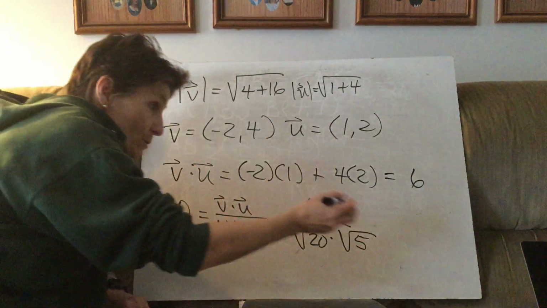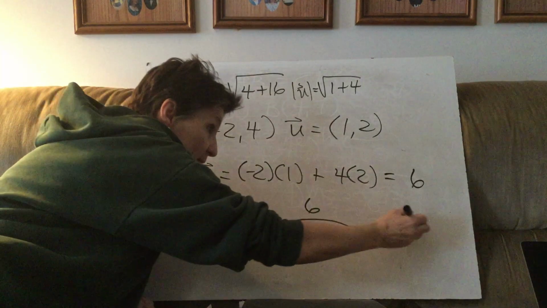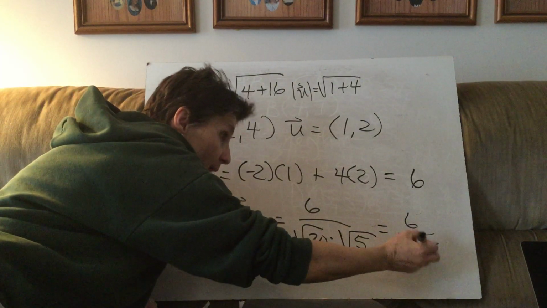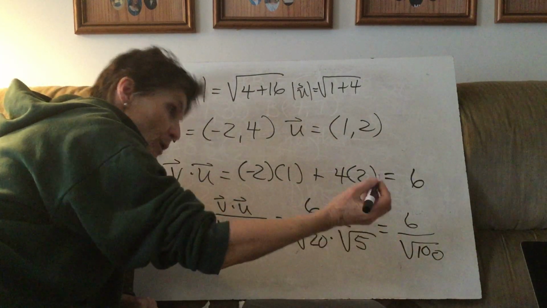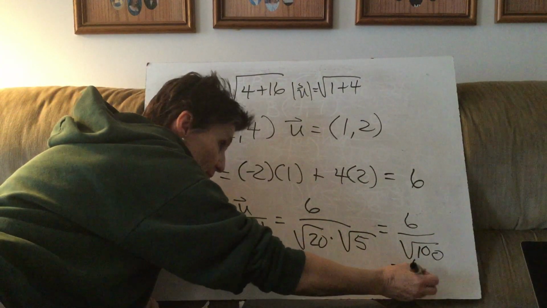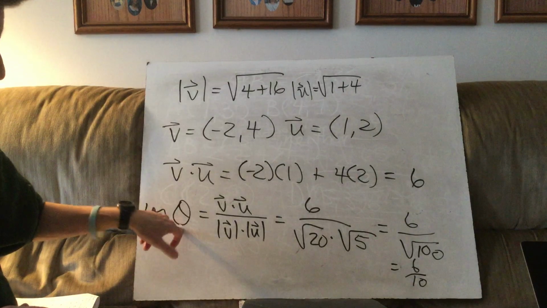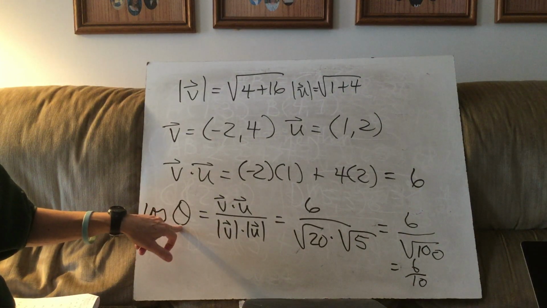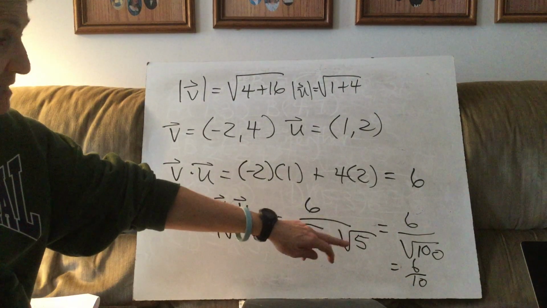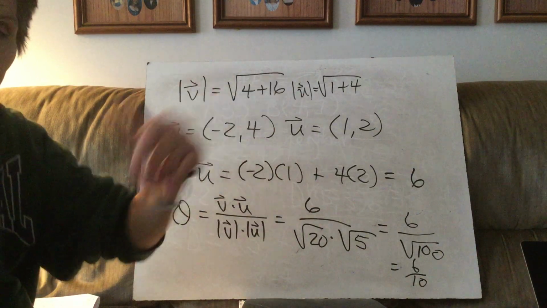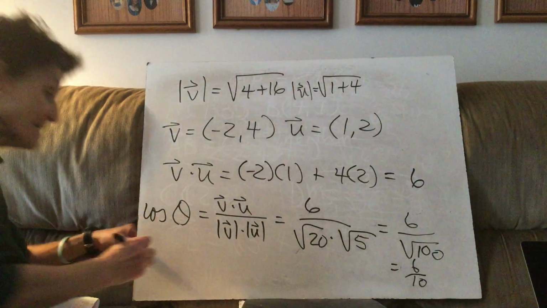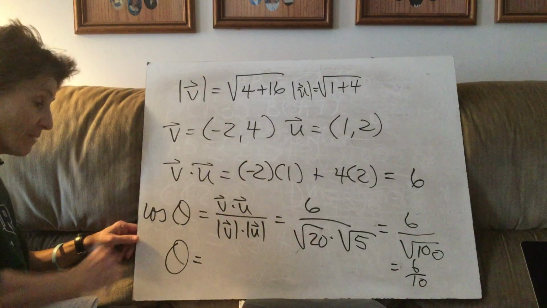Now, I suggest you multiply those together and make it the square root of 100, which you know is 10. Simplify it or don't simplify it. It doesn't matter because you've got to find theta. That's not theta. That isn't the answer. I know that's 3/5. Simplify it if you want. I don't care. I need to find theta. And how do I find theta?